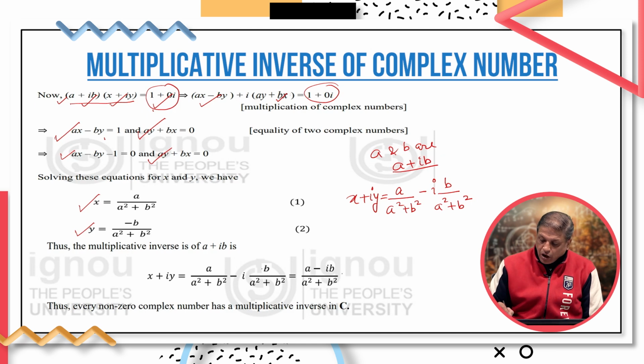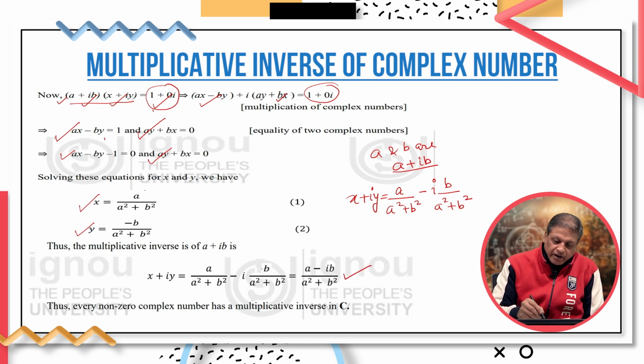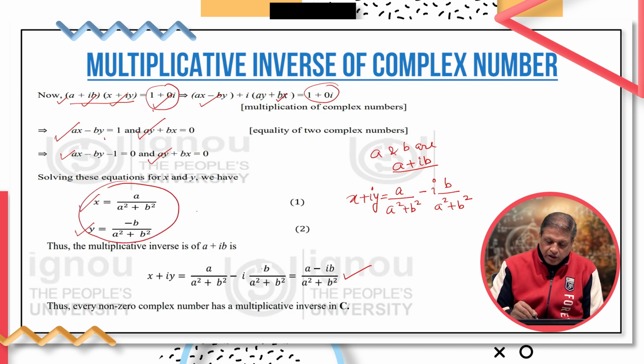So this is how we calculate the multiplicative inverse, but just to understand how this solution is achieved, how we got this solution by solving this equation, let's understand in a better way.